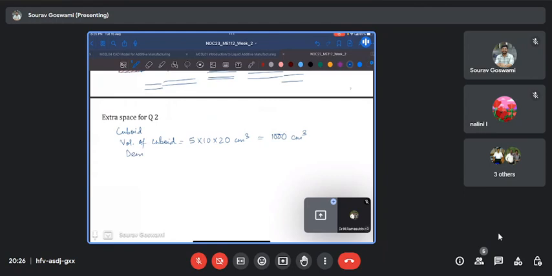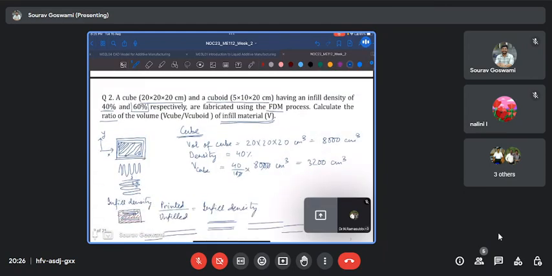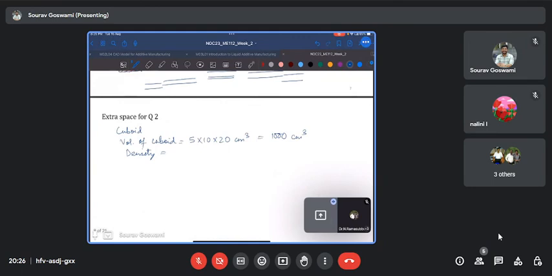And I know the density, again, it is not 100%. It is 60% for the cuboid. So the volume extruded to actually construct this cuboid is only 60% of the nominal volume, which is 600 centimeter cube.